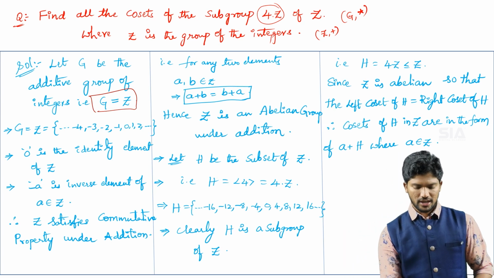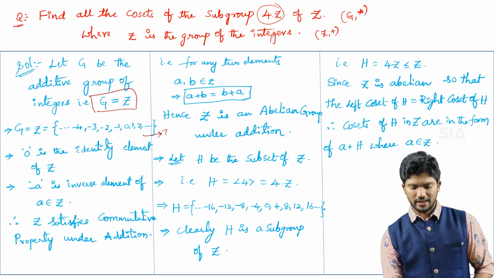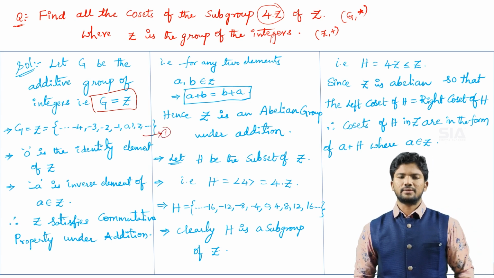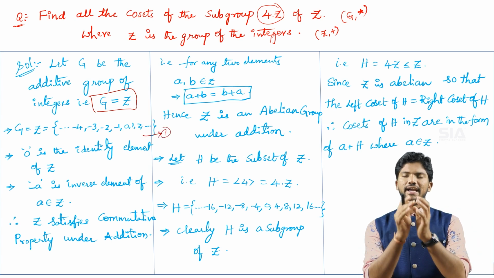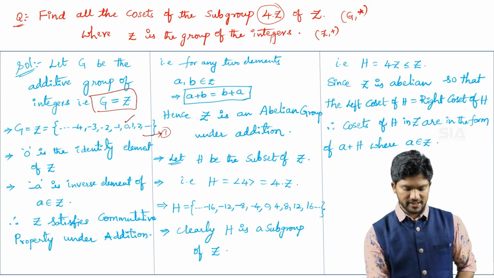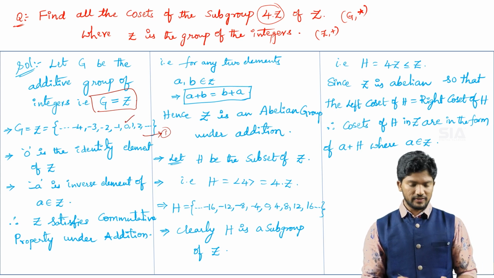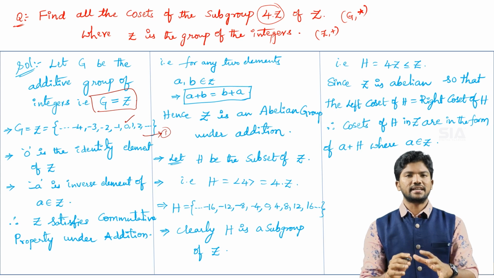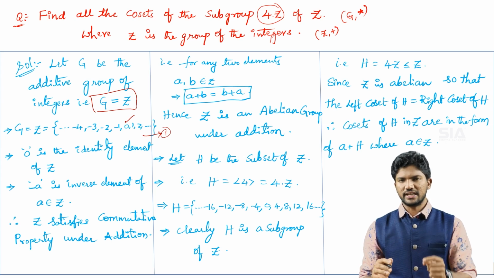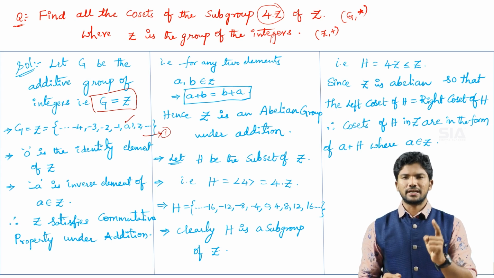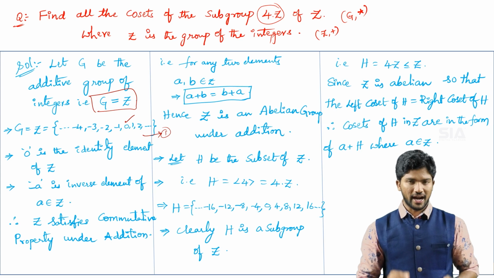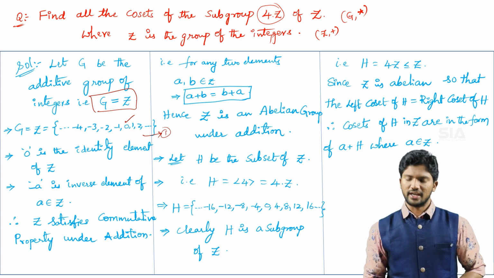In this group, you can call this equation number 1. If you observe carefully, the identity element is also there with respect to addition. What is the identity element? 0. With respect to multiplication, the identity element is 1. With respect to addition, 0, and with respect to multiplication, 1 is the identity element, and that identity element is unique in every group.